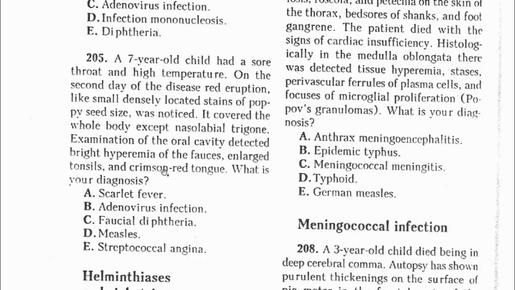What is your diagnosis? Now, during the first few days of scarlet fever, it manifests itself as catarrhal tonsillitis, that is, hyperemia of the pharynx with involvement of the oral mucosa and the tongue. So, therefore, our answer is scarlet fever. So, A.